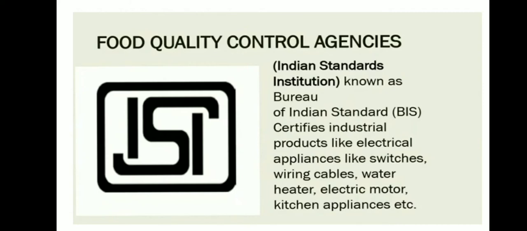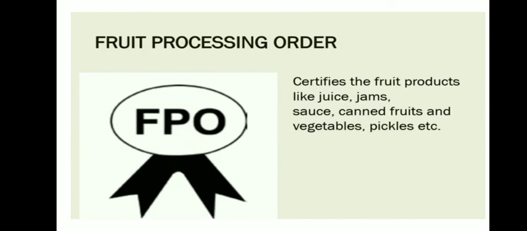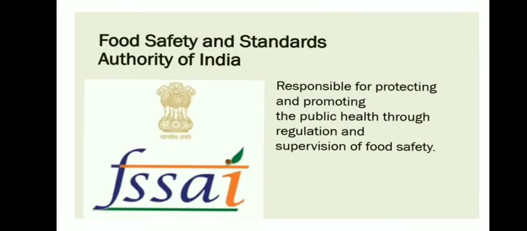Okay, so here, what all certifications did we see? Food quality control agencies, that is BIS, Bureau of Indian Standards, is certifying this. This is the symbol, on the left side the symbol is given. Okay, then next one, this symbol denotes Indian Standard Institution. Then likewise the AGMARK seal, this is the AGMARK seal. Then Fruit Products Order, and then the last one, Food Safety and Standards Authority of India.